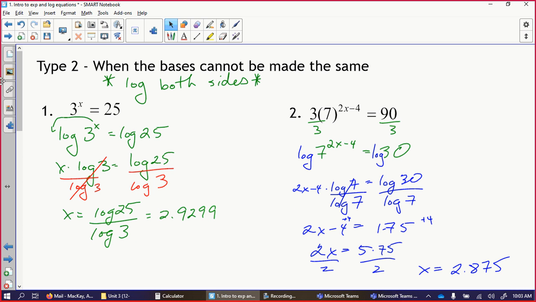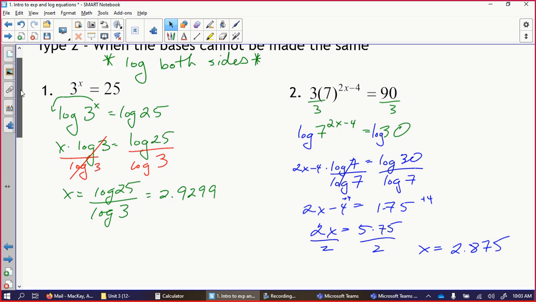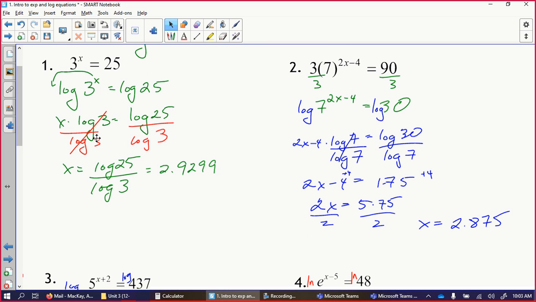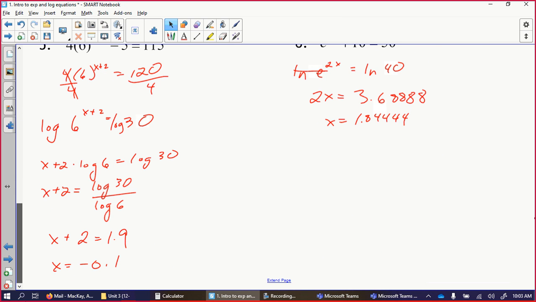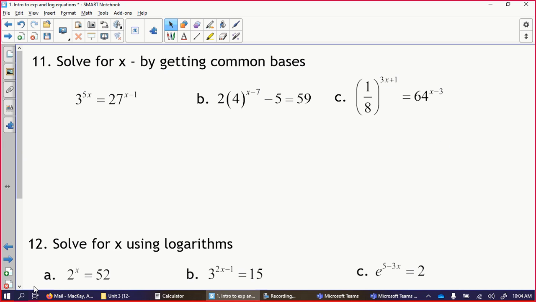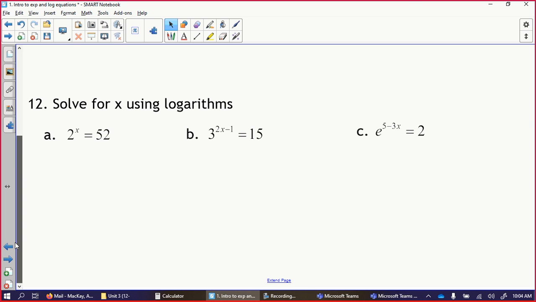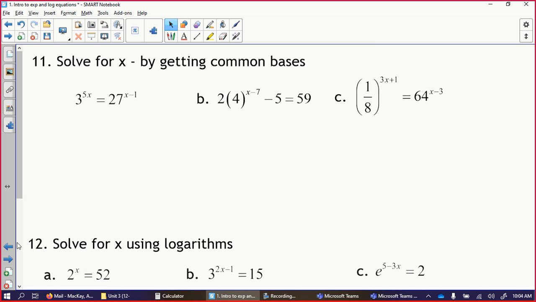If it doesn't have a common base, we need to get the exponential on its own, and then take the log, whether it's base 10 or base e doesn't really matter, of both sides, and we get a ratio at the end. Those are the ones we did today: solved by putting in a common base, solved by logarithms. We'll look at some other stuff.